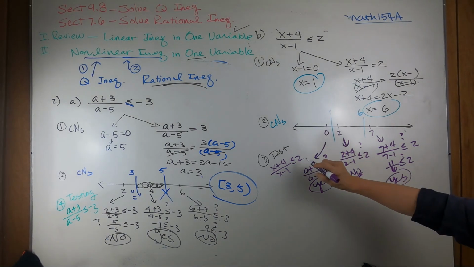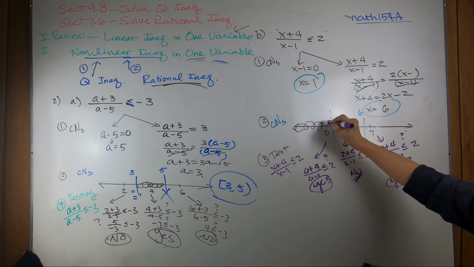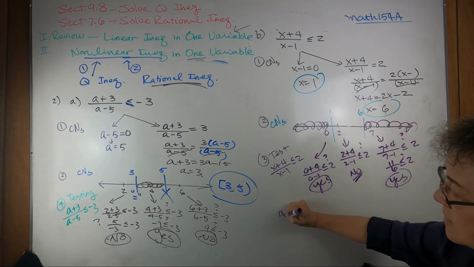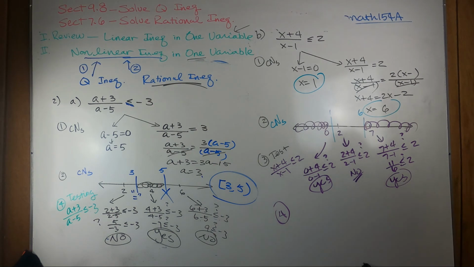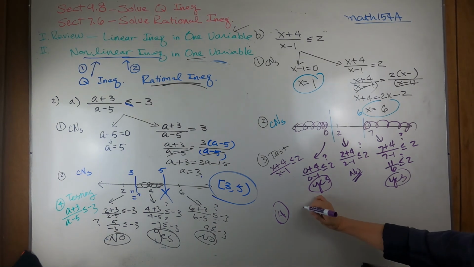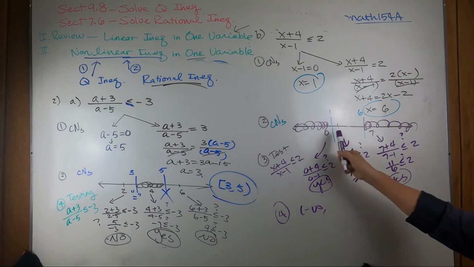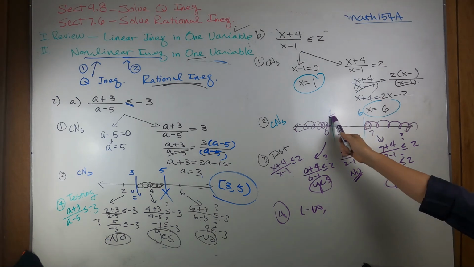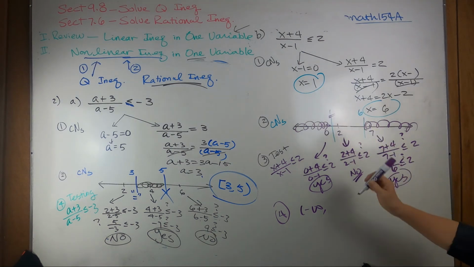So your answer would be what? This portion outside, right? Then you have to answer the question considering the boundary condition as well. Negative infinity to this point, critical number 1. Can we include 1? Denominator 0, so we cannot, right?